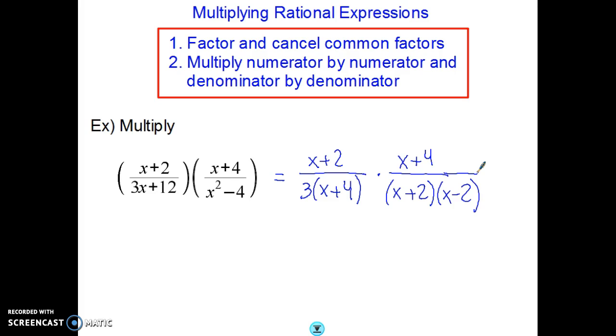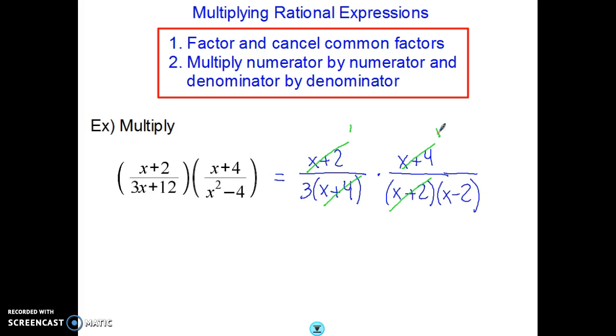Well now, before we actually do the multiplication out, we can look for common factors, either inside of one fraction or the numerator of one and the denominator of the other. In this case, we can see we have an x plus 2 right here that will cancel with an x plus 2 right here. We also have an x plus 4 right here, which will cancel with an x plus 4 right here. So now, remember when these cancel, they don't turn to 0, they turn to 1.